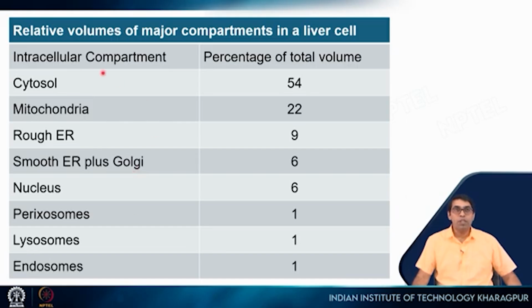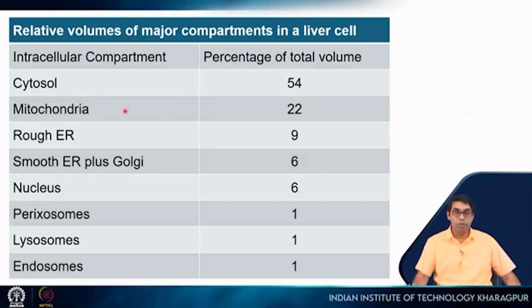This table shows the relative volume of these different organelles that are present in a cell. In this case it is given for a typical liver cell. Volume wise, cytosol has the largest volume, occupying more than half of the cellular volume. Then the next big organelle is mitochondria.